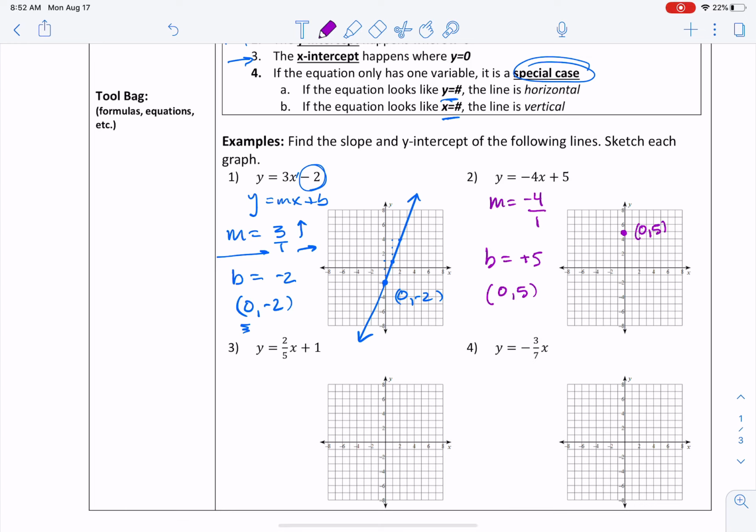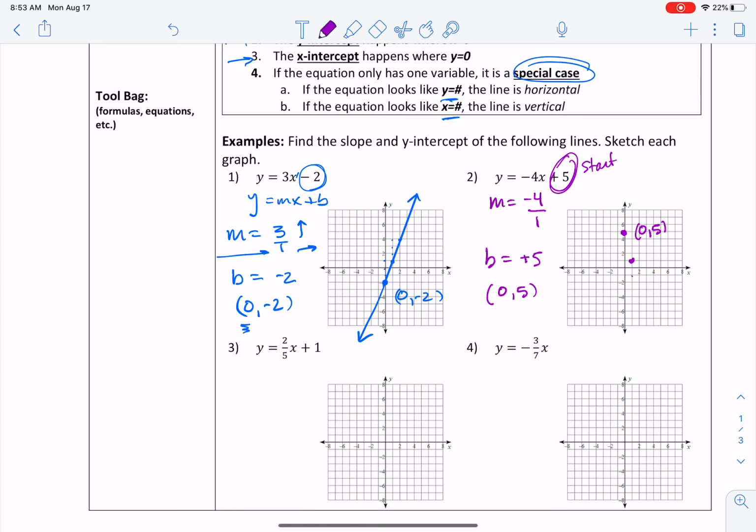That's our y-intercept, that's our starting place. We always start here. And then our slope is the direction that we go. So we go down 4, right 1. And we go down because it's negative, but we always go right. If we only can make one thing negative, two negatives would be a positive, so we just want to make one thing negative.